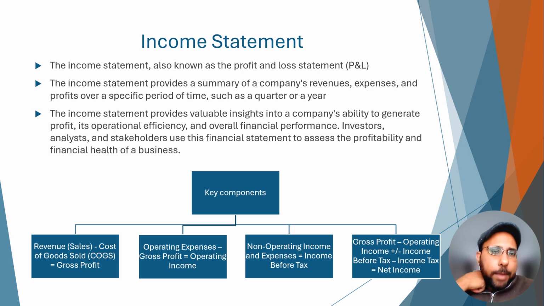Okay, and now below that, you will also get other income and expenses. This includes income and expenses that are not directly related to the main business operations, such as investment income or losses on any investment income you make, any interest expenses, and any one-time charges.